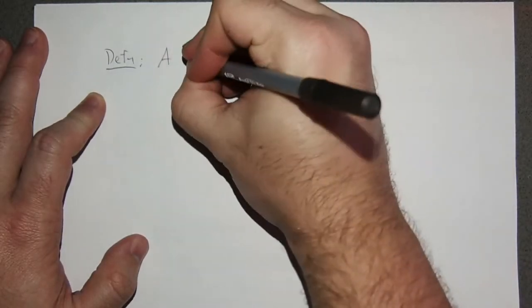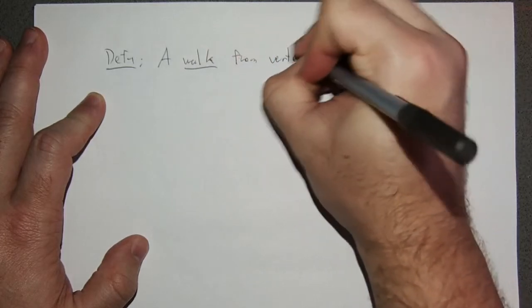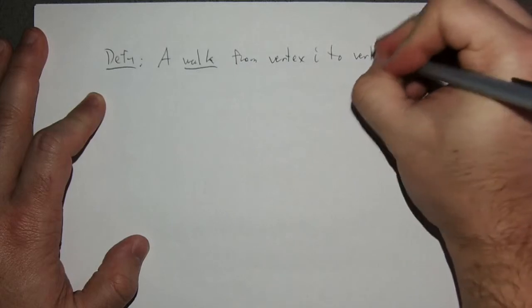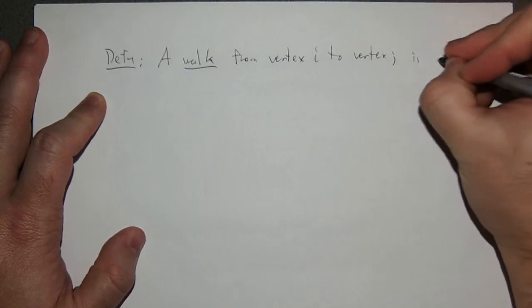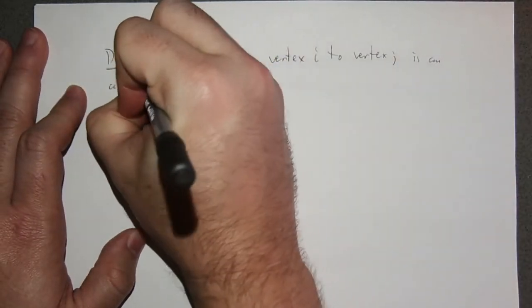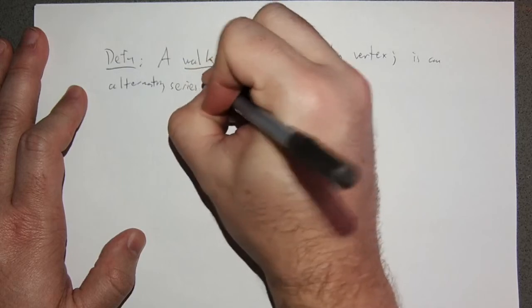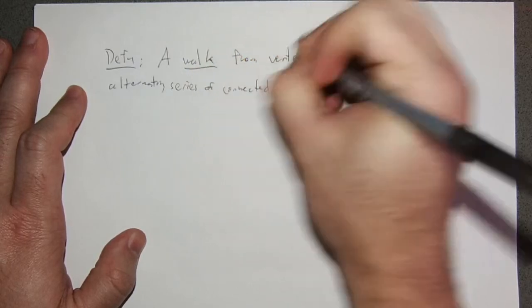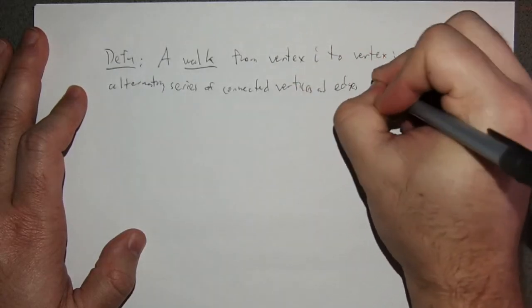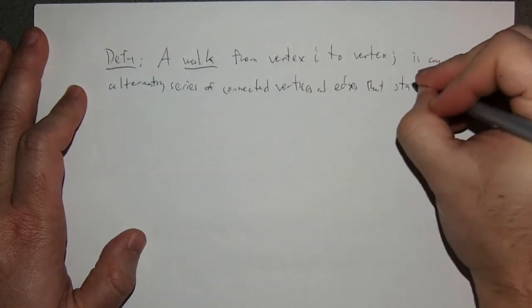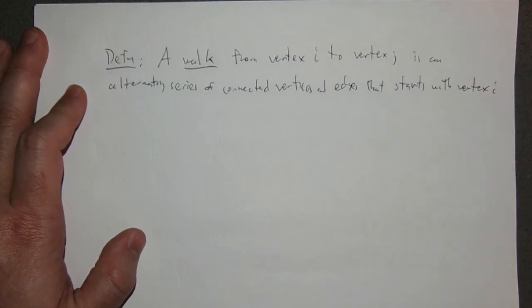A walk from vertex i to vertex j is an alternating series of connected vertices and edges that starts with vertex i and ends with vertex j.